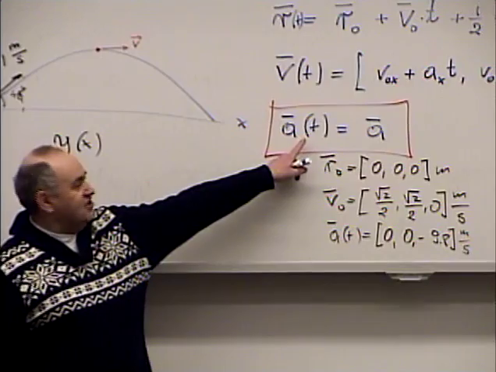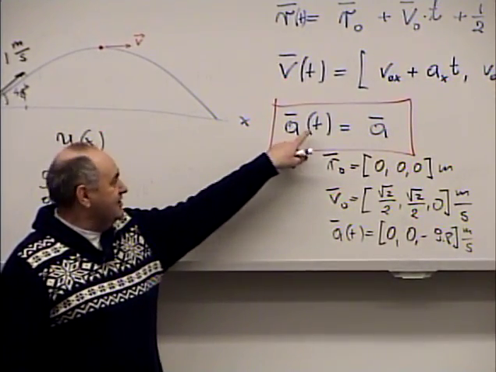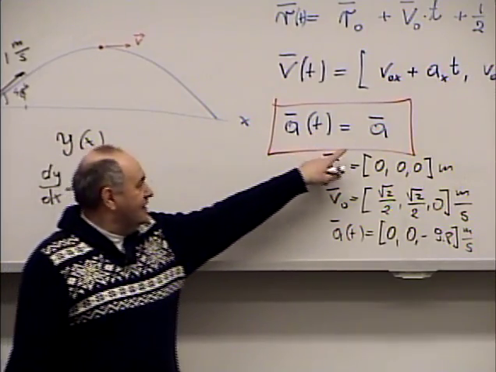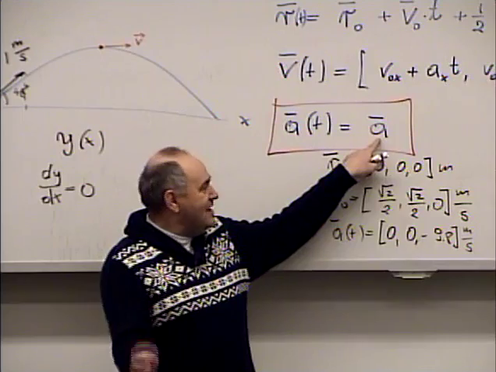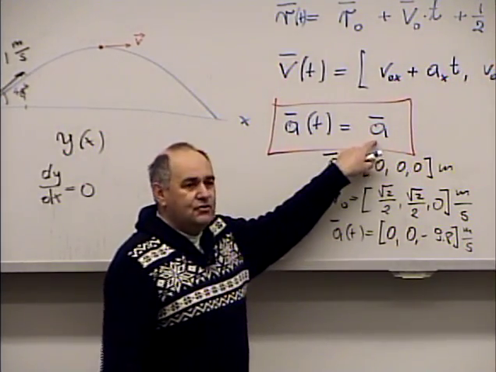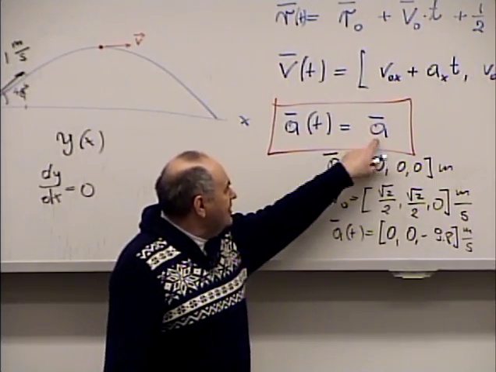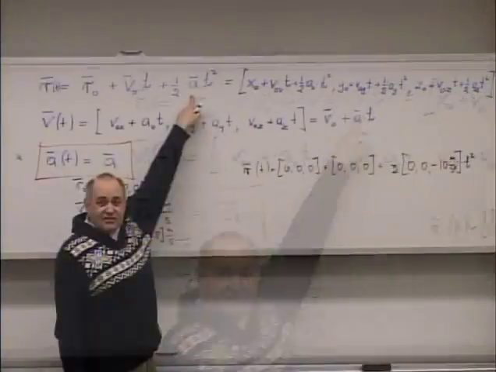What does this thing say? That acceleration at instant t has this particular value. No matter if it is 0, 0, minus 10 or 1, 2, 3, it is not a function. It's the same set of numbers that we had here.